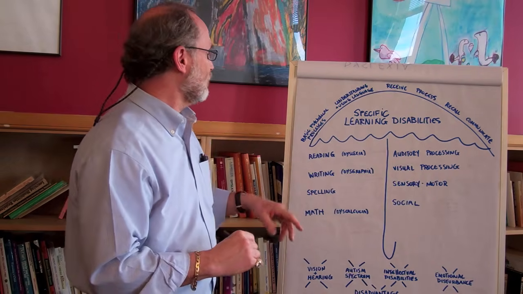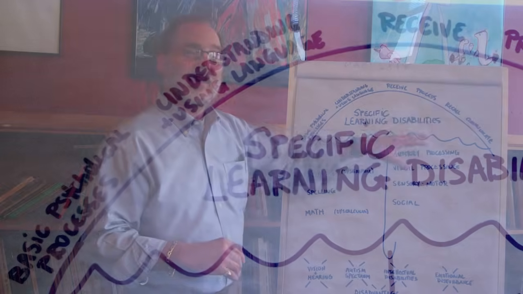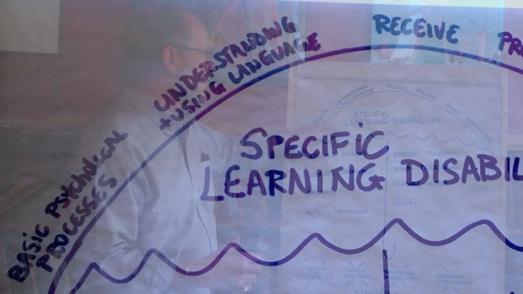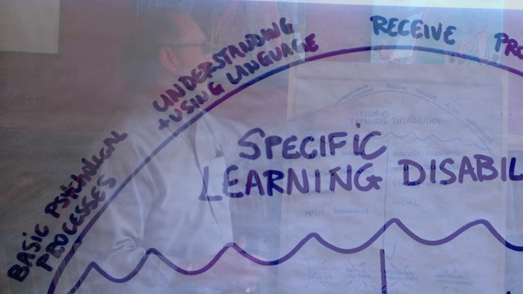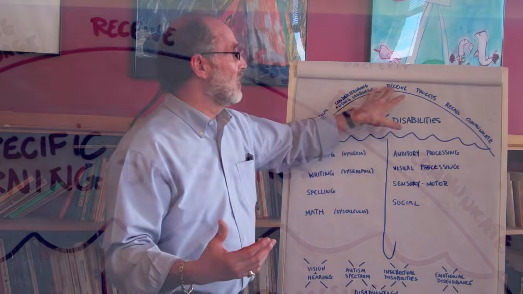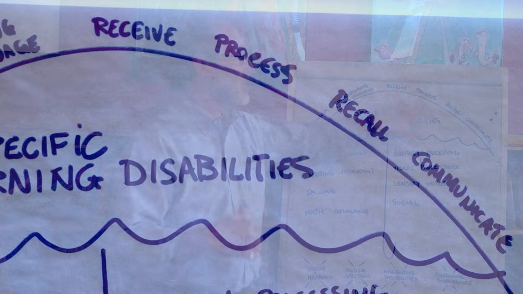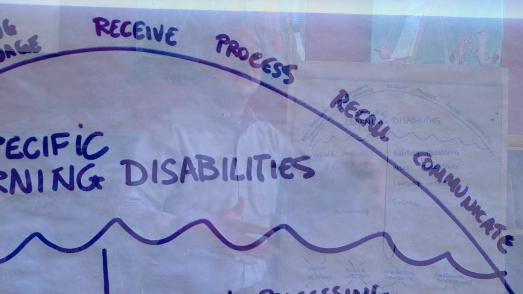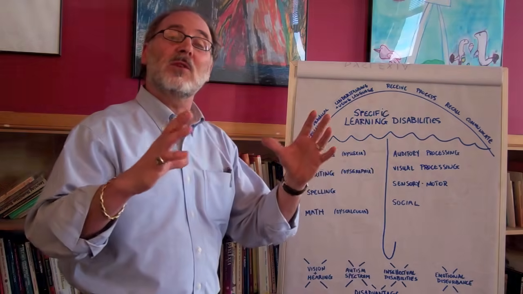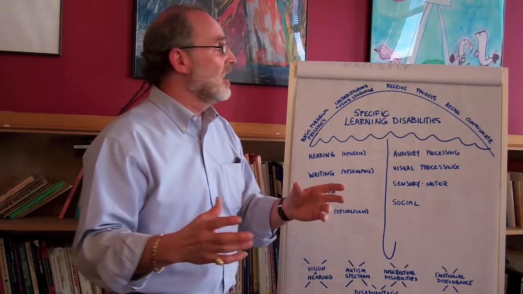Learning disabilities, by definition, are disorders in basic psychological processes that involve understanding and using language, and by that we mean the ability to receive, process, recall, and then communicate that information. And we do that not in a vacuum, but we do that in particular kinds of areas.